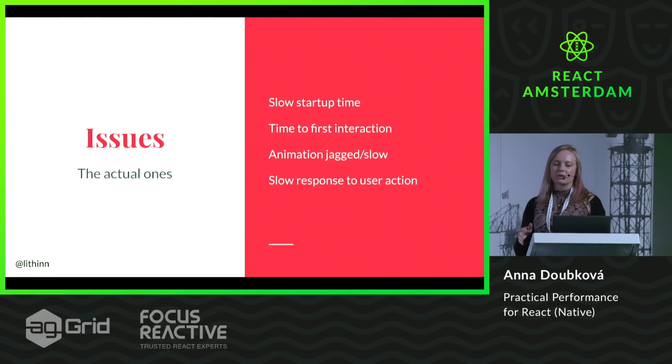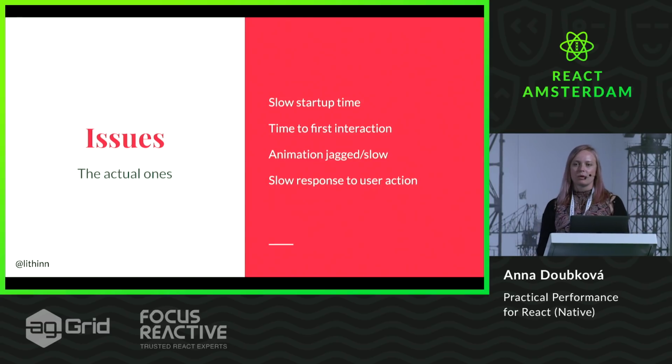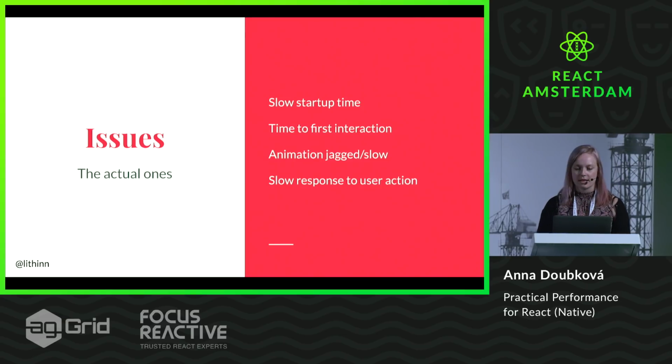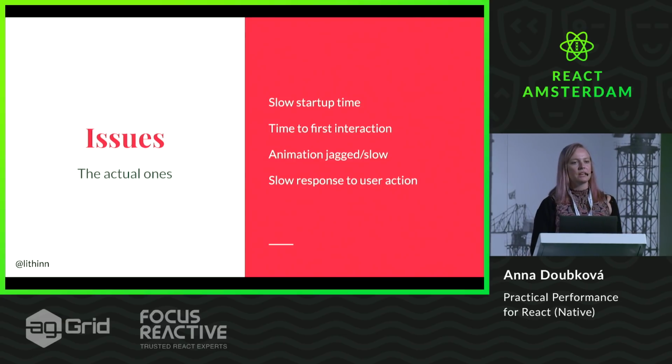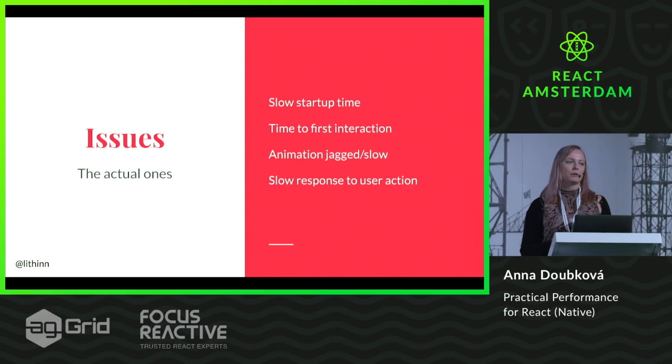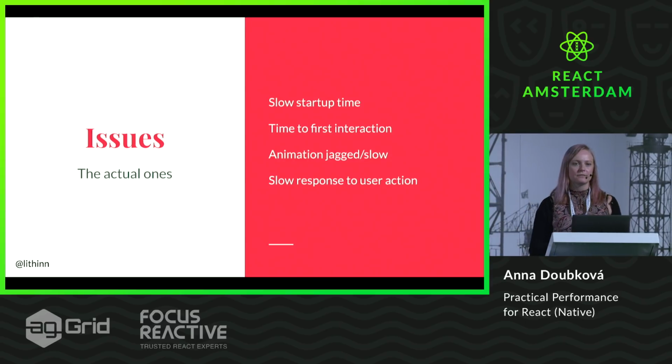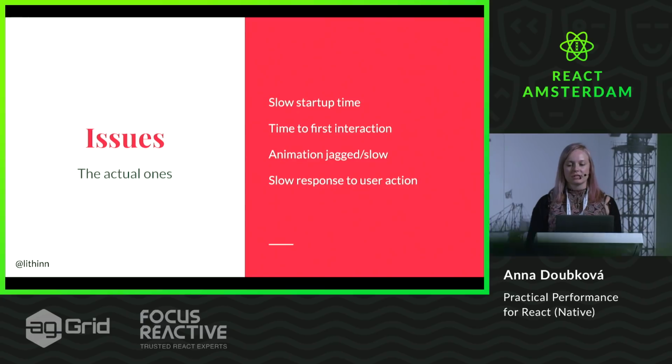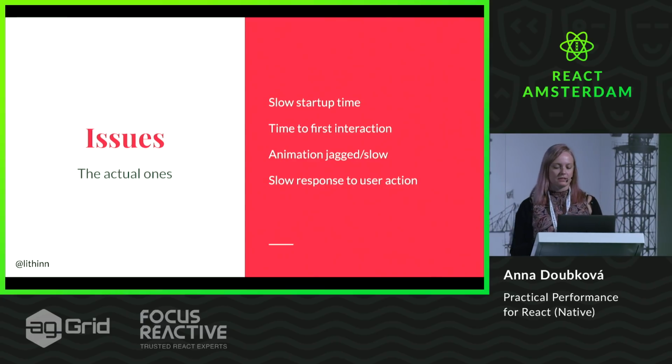Most of my talk will focus on the latter because that was the number one thing we had to address. It also happens to be possible to address it relatively simply by just tweaking your React code, the JavaScript code. And at the end of the talk, I will be talking a little bit about the native side itself and how to address some of the slow startup times and stuff like that.